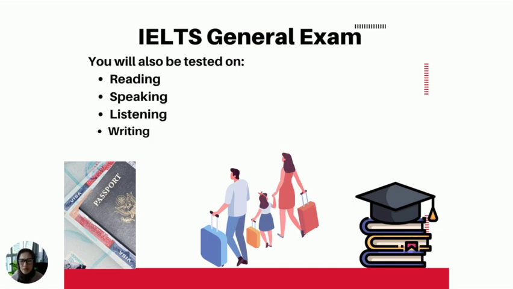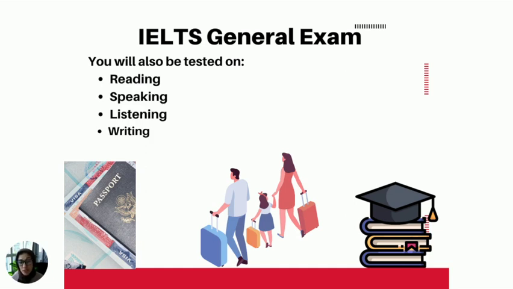So anyway, the IELTS General Exam is taken by individuals who are applying for a visa to these particular English-speaking countries, to move over there with their families, or to enroll in a post-secondary institute in a program that's lower than a degree level.